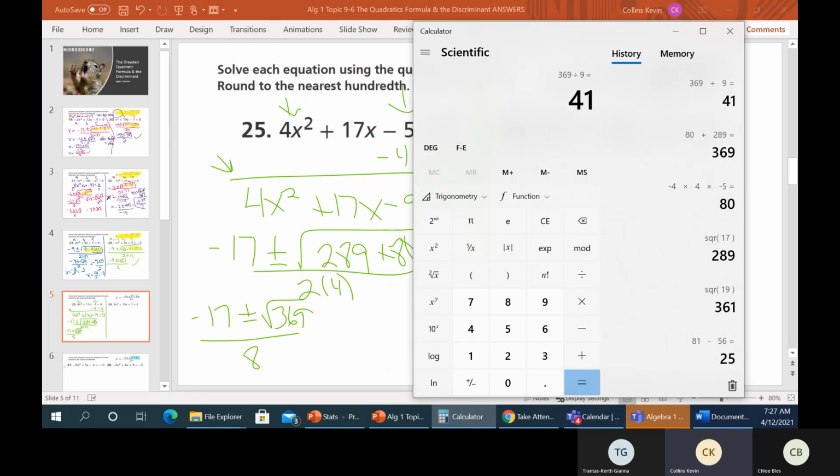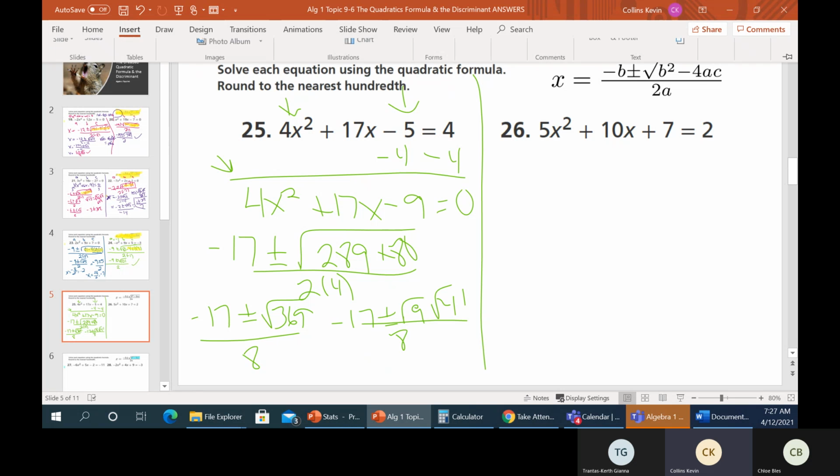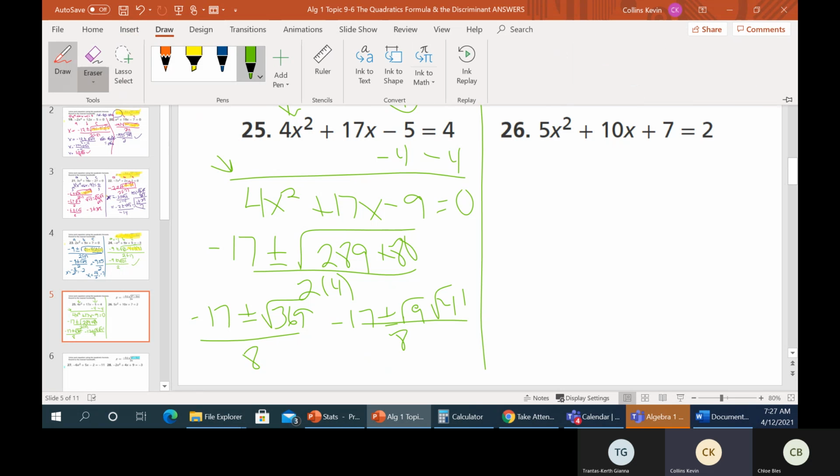It's 41. So what you do is rewrite this part as minus 17 plus or minus the square root of 9 times the square root of 41, and again, over 8.